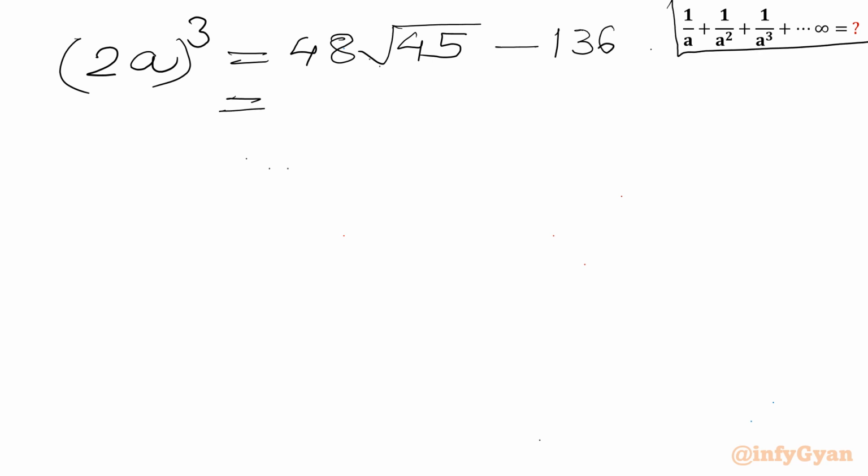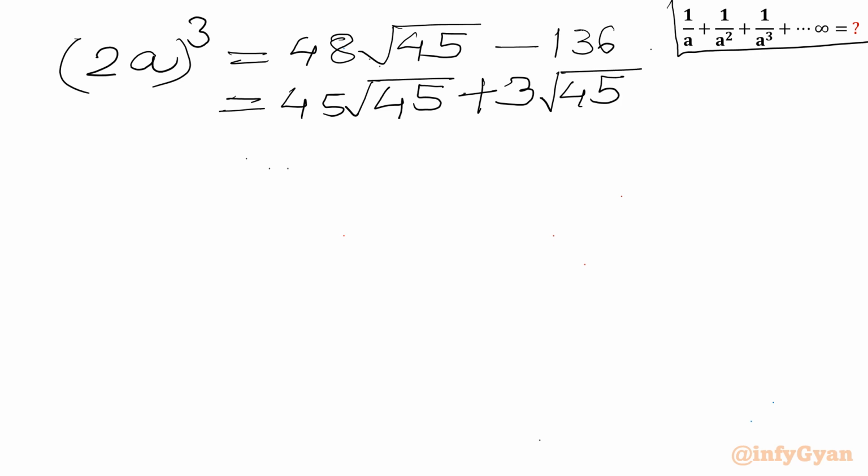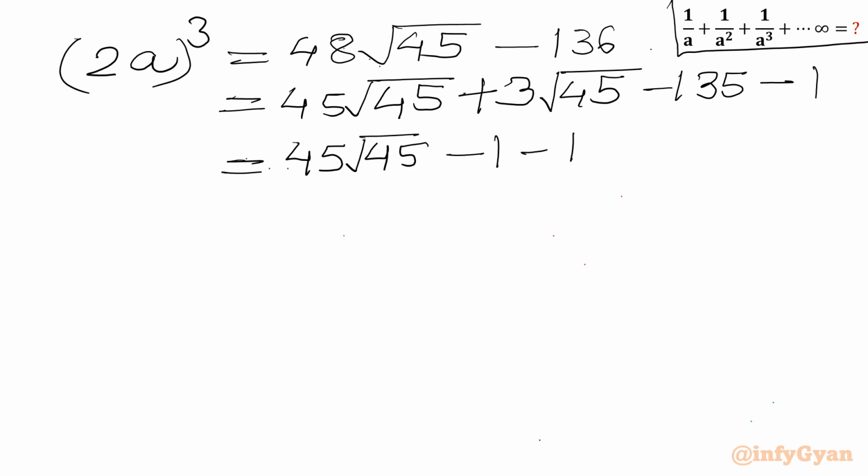Now I will split 48 as 45 plus 3 and minus 136 as minus 135 minus 1. So we can write 45 root 45 plus 3 root 45 and minus 136 will be minus 135 minus 1. Let's rearrange RHS. I can write 45 square root 45 minus 1 minus 135 plus 3 times square root 45.